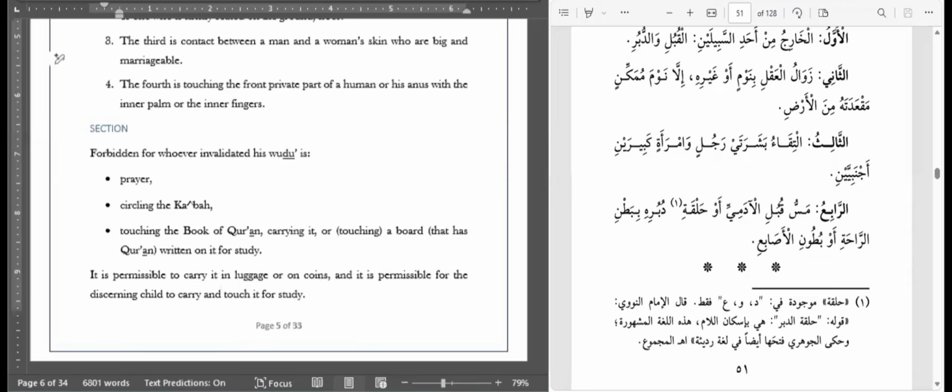So the author said marriageable, ajnabi. I told you last time 5 categories who are not marriageable. Can you give me those 5 categories in one answer?